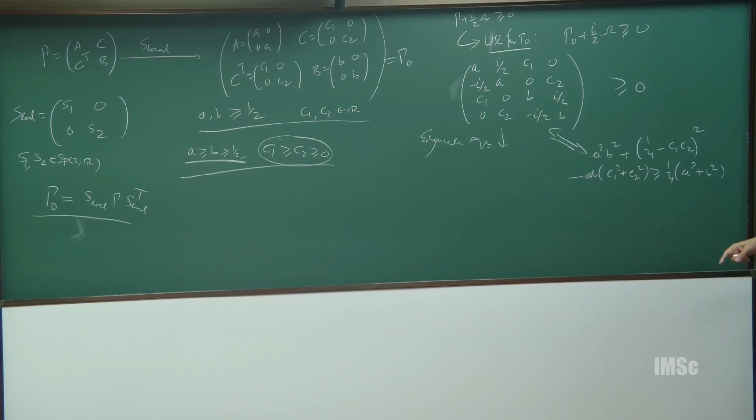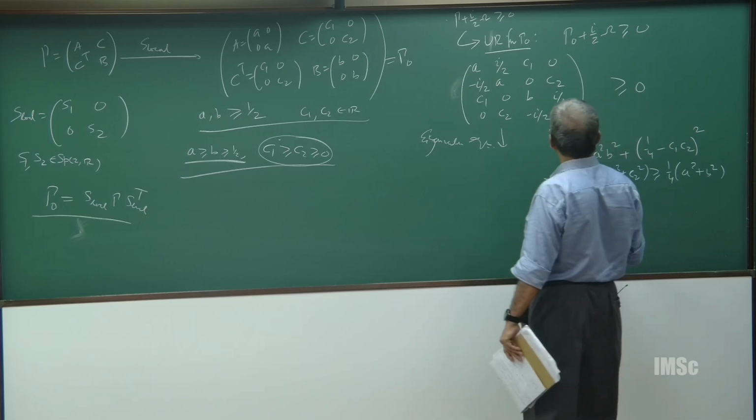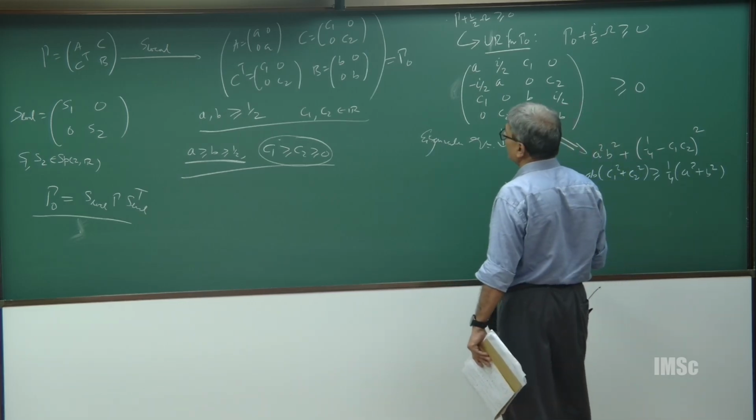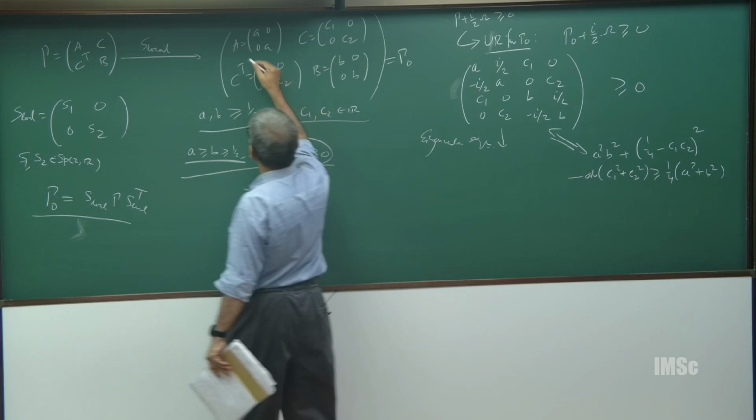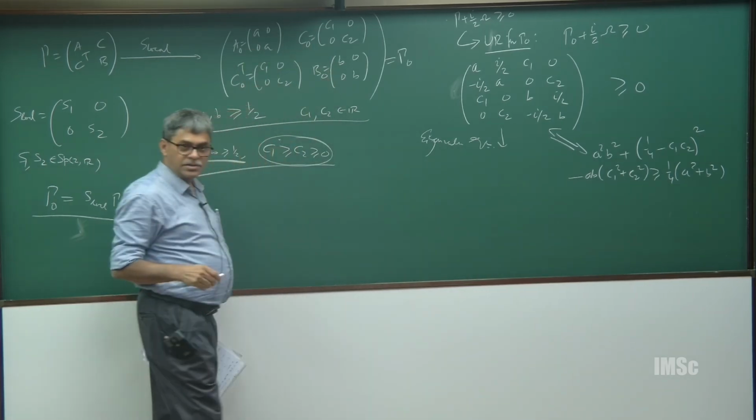And now, if you look at this, so let me call this, I have called it A, so let me call it A 0. So, all of them are 0, right.